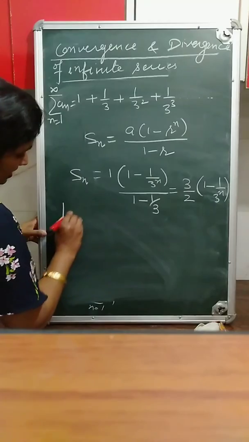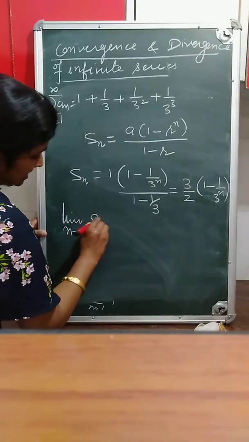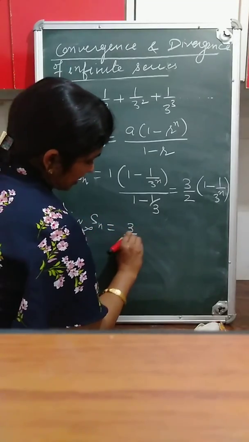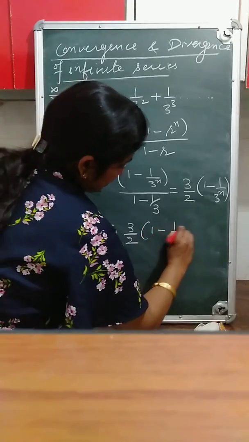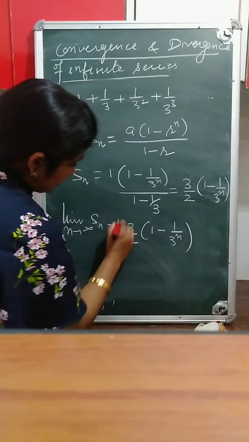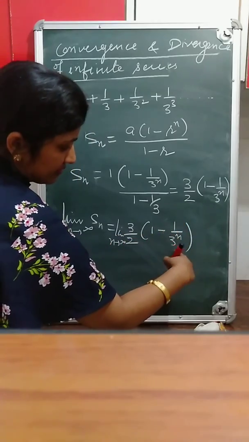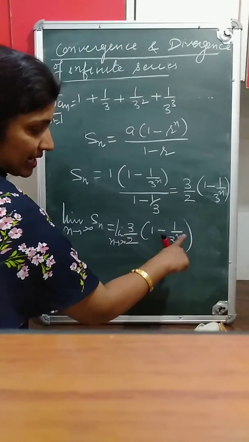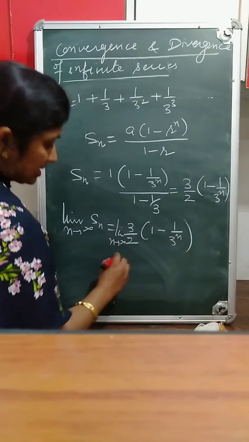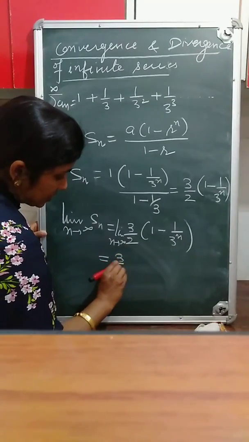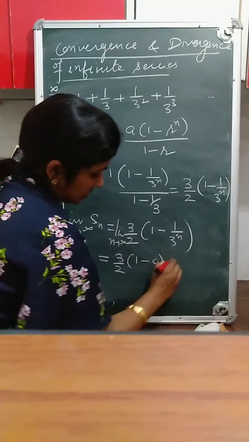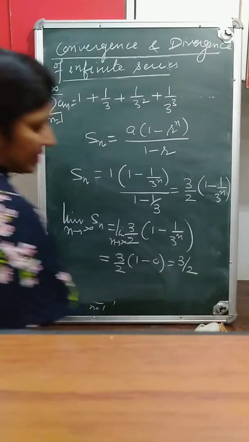Limit n tending to infinity Sn is 3 by 2 into 1 minus 1 upon 3 raised to the power n. This term goes to 0 as n approaches infinity, so it will be 3 by 2 into 1 minus 0, which is equal to 3 by 2.